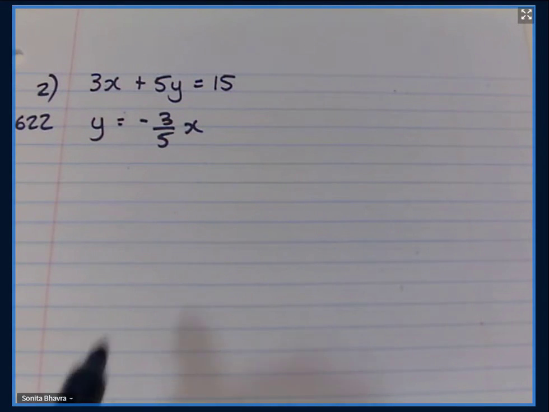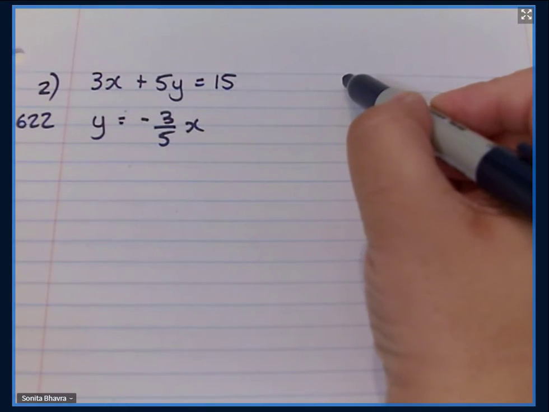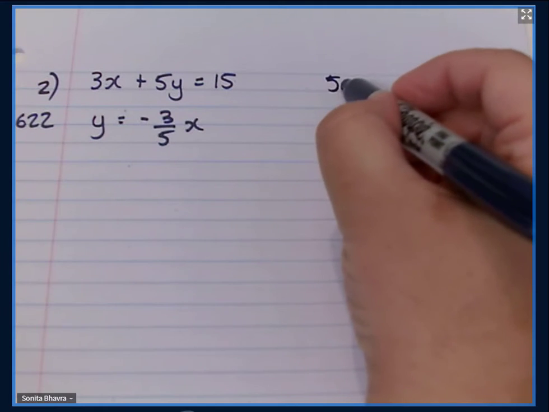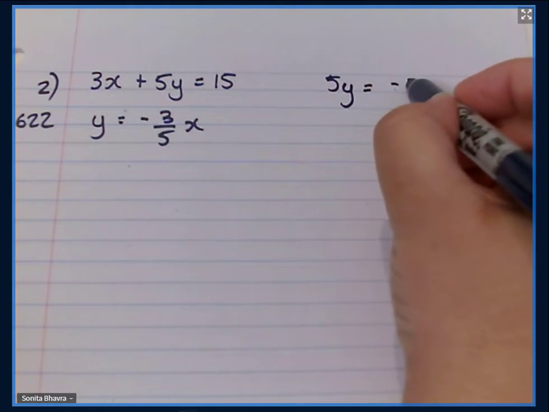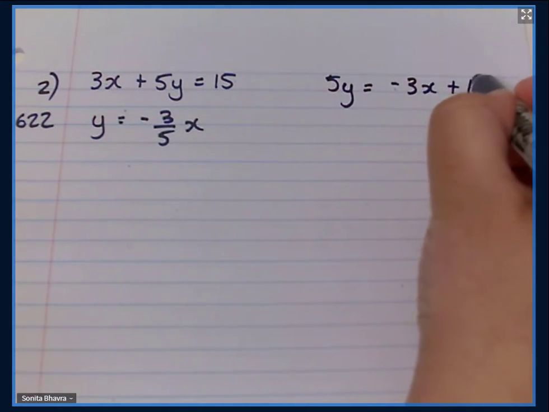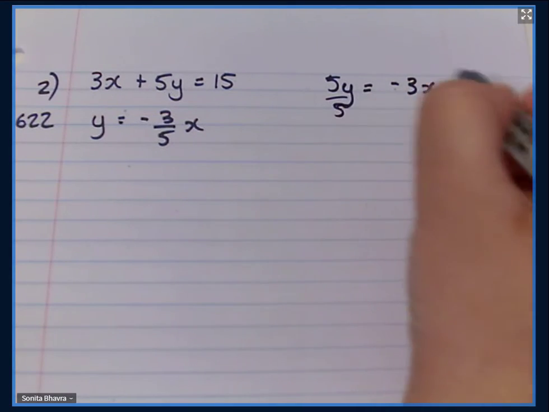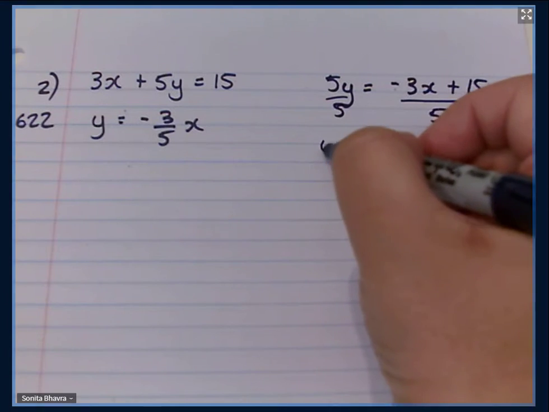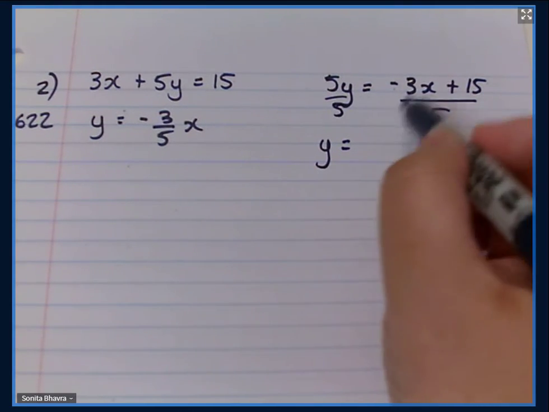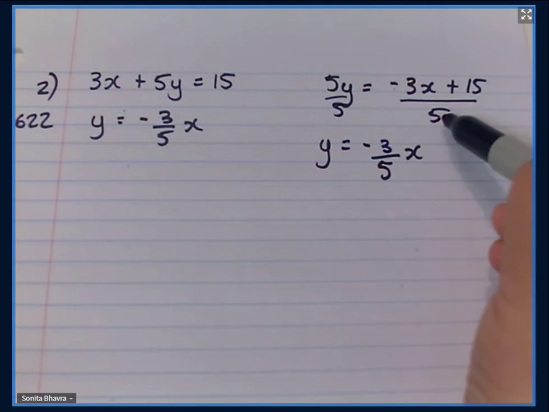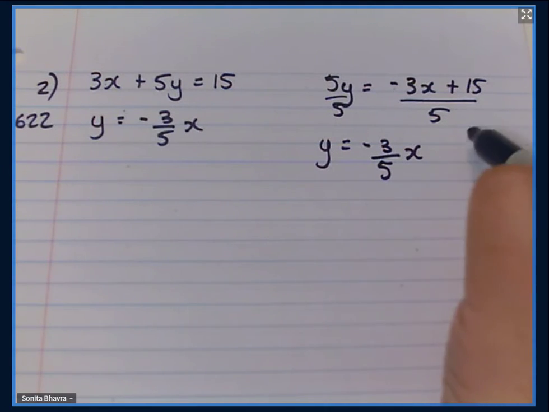So I'm just going to do that over here. I'm going to subtract the 3x over to this side. That leaves me with 5y equals negative 3x plus 15, and then divide by 5 on both sides. And we end up with y equals negative 3 over 5x, and then 15 divided by 5 is 3.